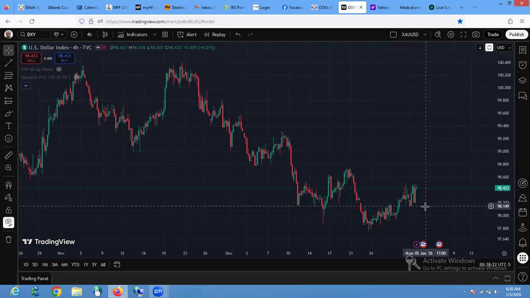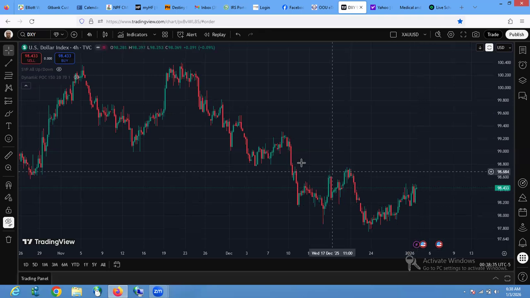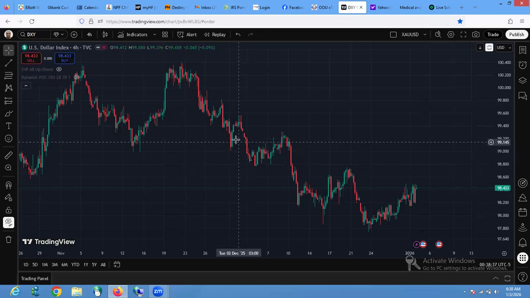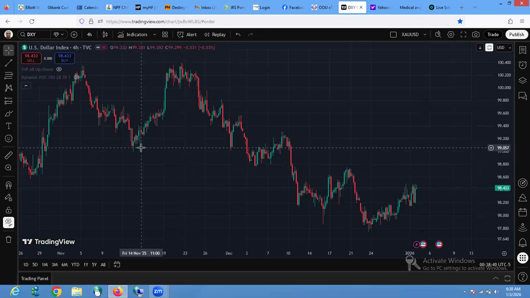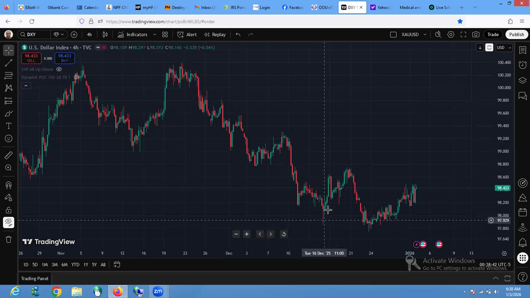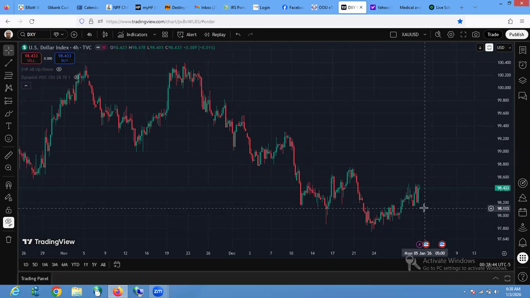So if price will break down here and the 4-hour body will close across that support, fully close below that support, which means not to give us a wick. These are wicks. If it's a wick that is thrown below it, it's not valid. If it's a wick that is thrown above it, it is not valid. But the body must close below this.